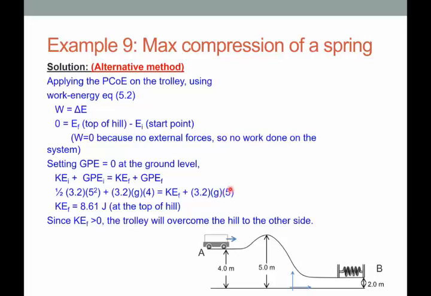We can determine that the final KE will be 8.61 at the top of the hill. Since the final KE is greater than 0, the trolley must have sufficient energy to overcome the hill to reach the other side.